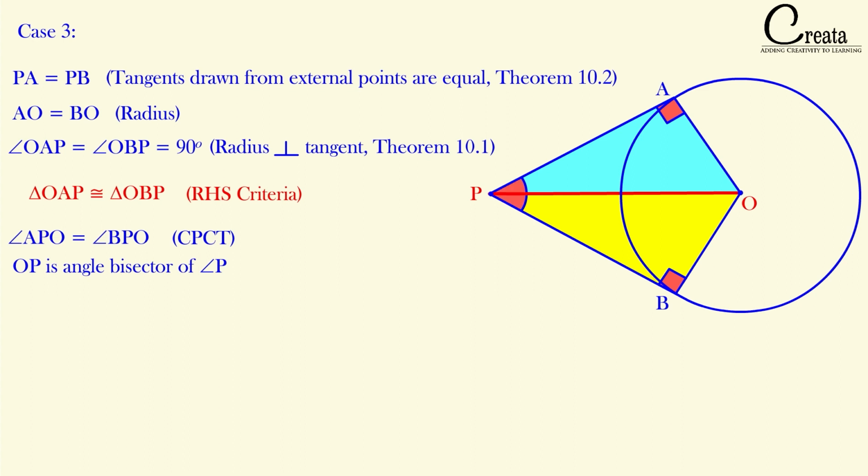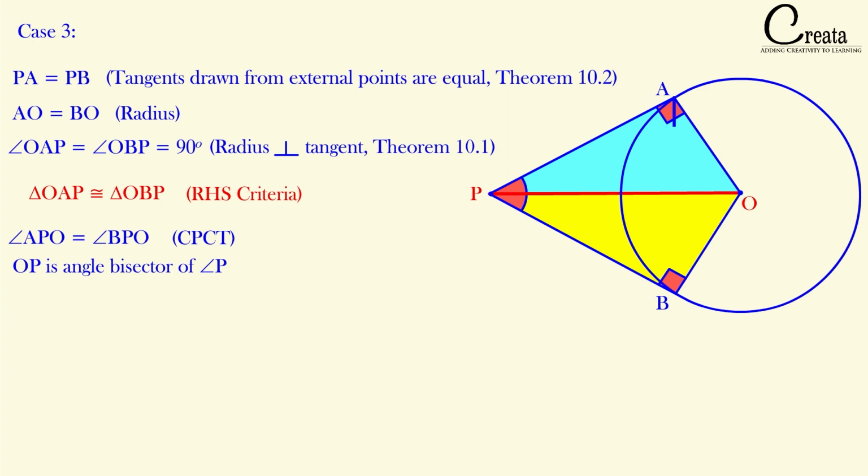Here this angle is formed by the two tangents, and OP is a line segment which is joining the external point and the center. So in refined words, we can say the line segment joining the external point and the center will divide the angle formed by the two tangents into two equal parts, or OP is the angle bisector. This is a very important concept and many questions are generally asked on this concept of the congruency. So you should know this.